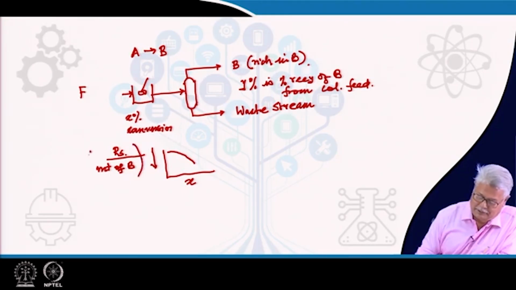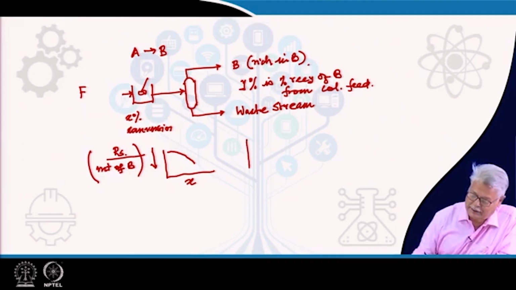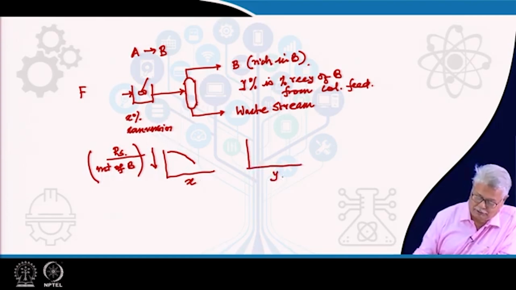That means, if I have a higher conversion, in that case my production cost per ton of B just from the reactor comes down. And similarly, if we plot against Y the recovery of cost, that means the recovery cost is basically in rupees per metric ton of B in 1 metric ton feed to column.